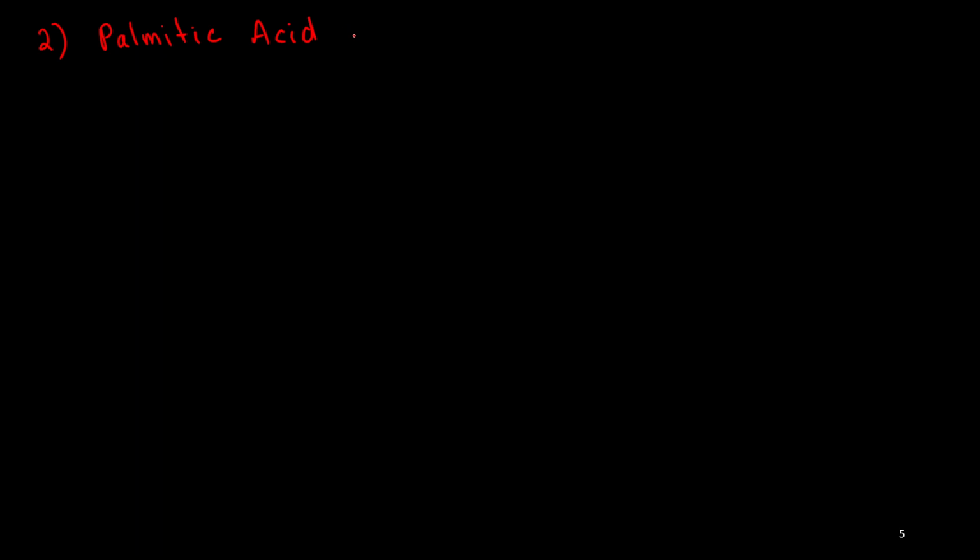Palmitic acid oxidation. So, palmitic acid, despite what the worksheet said, is a 16-carbon saturated fatty acid, which means you go through how many rounds of beta oxidation? 7, right?